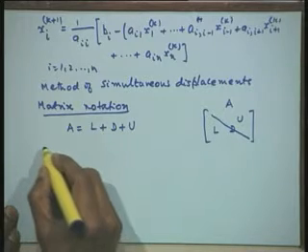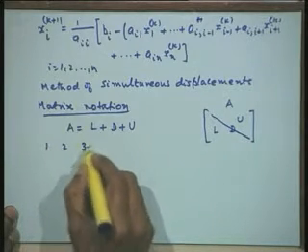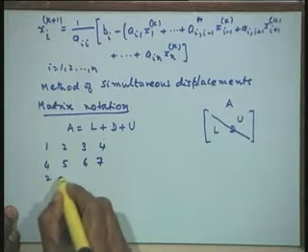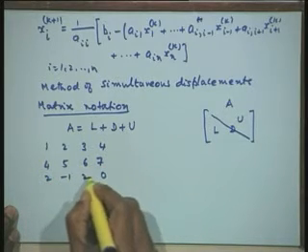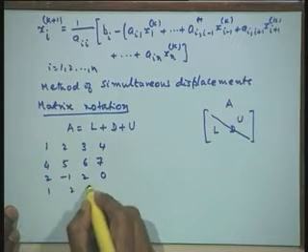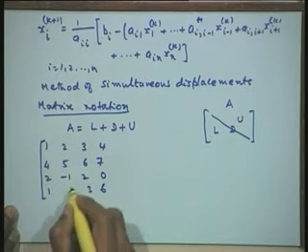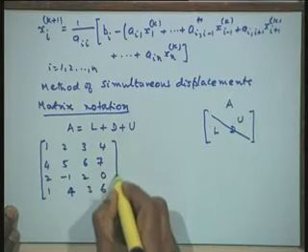For example, let us take a matrix, say 1 2 3 4, 4 5 6 7, 2 minus 2 2, 0 2 0 1 2 3 6, or let us change it to 1 4 3 6.